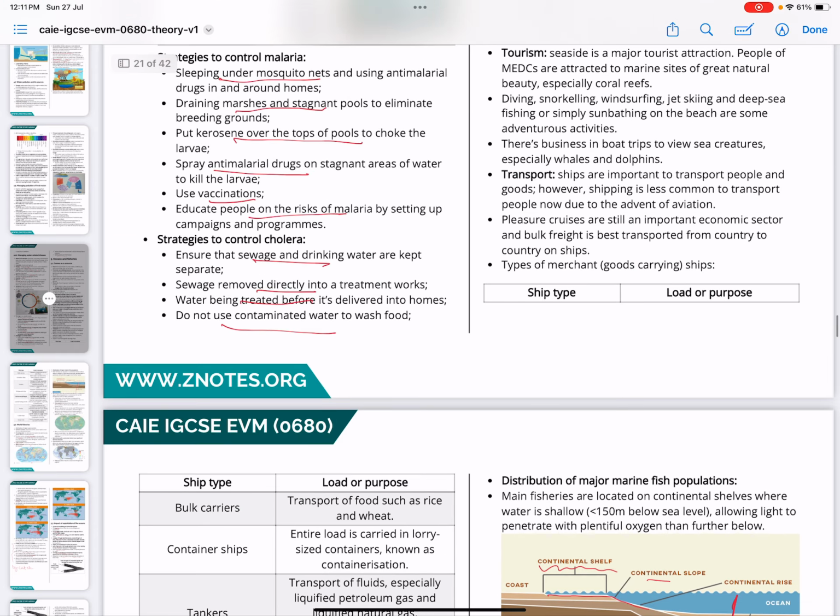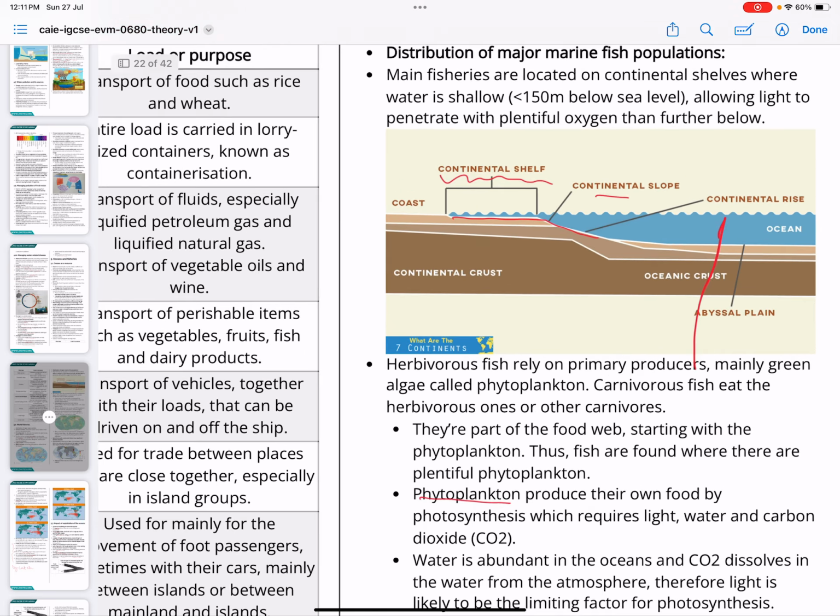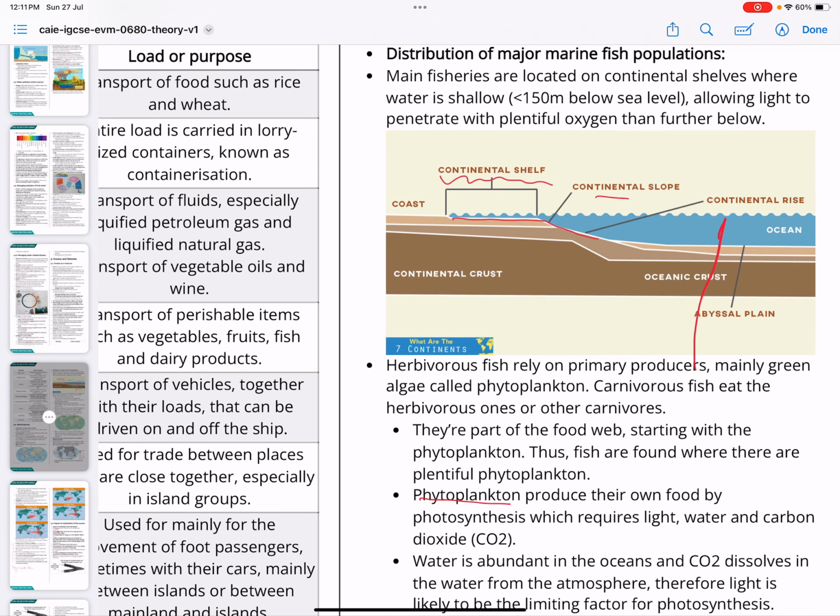So the first thing that we have here is understanding the distribution of major fish population in the sea. Majority of the fish are found at the point which is called the continental shelf, which is the area of the sea nearer to the coast, and here the water level is about 150 meters.